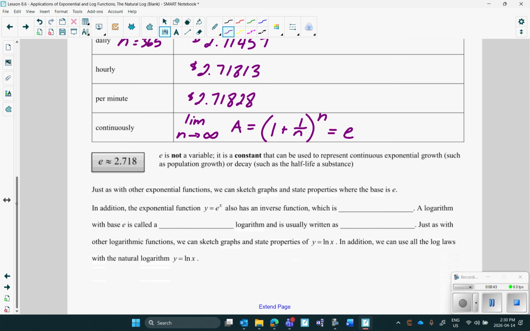And because it's a number, we can do log stuff with it. Like I could find log base e of, oh, what's log base e of 1?